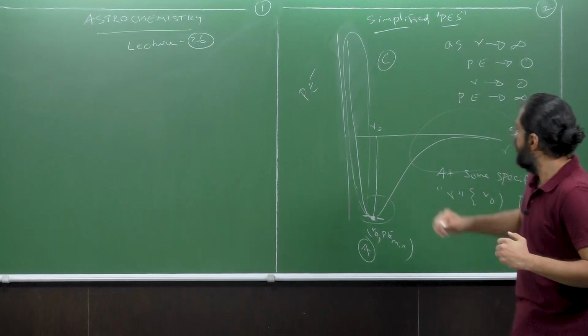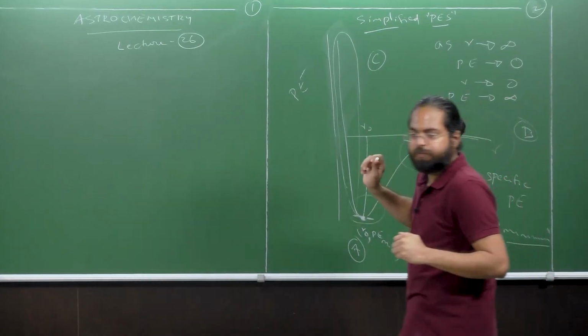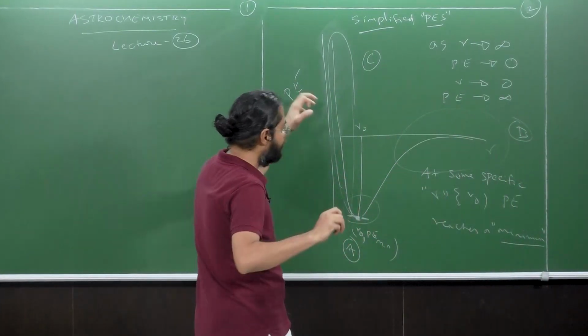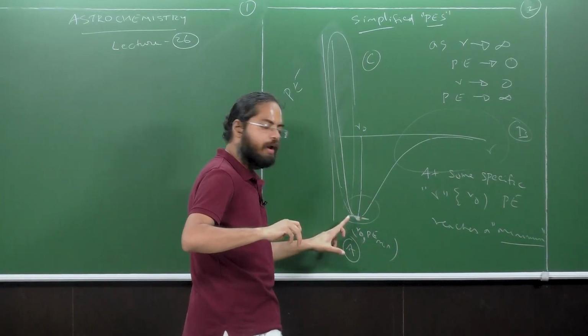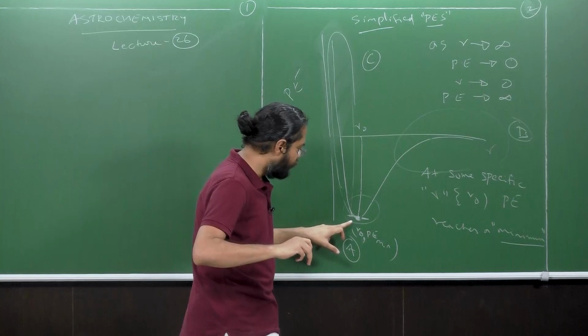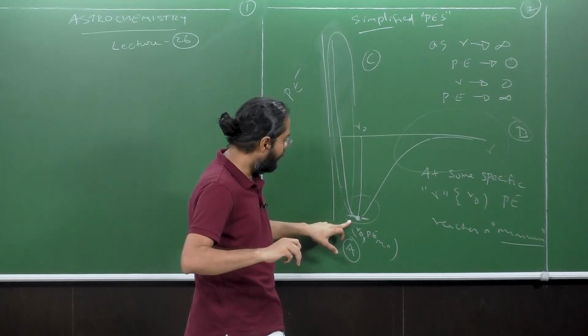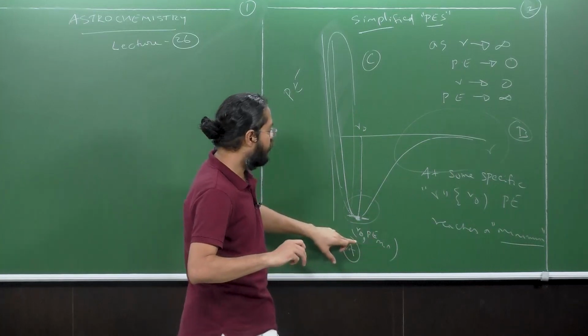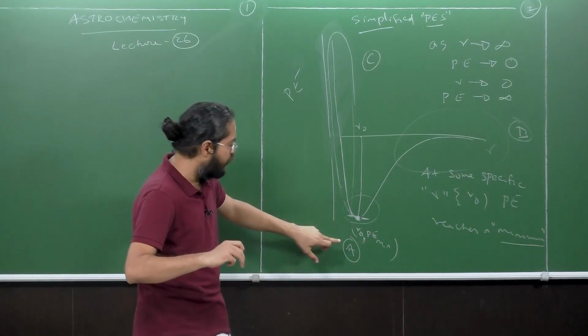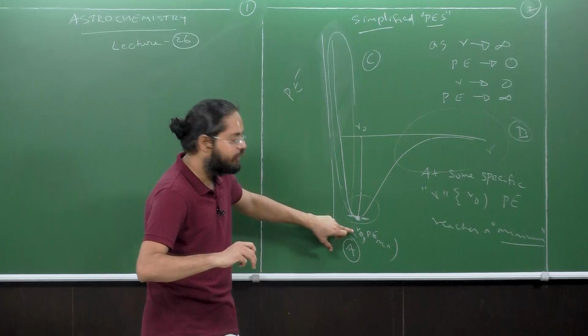When we looked into this, I was explaining the various regions, where we have a region marked by the presence of its equilibrium geometry, where the potential energy is at a minimum for a specific value of the internuclear distance.